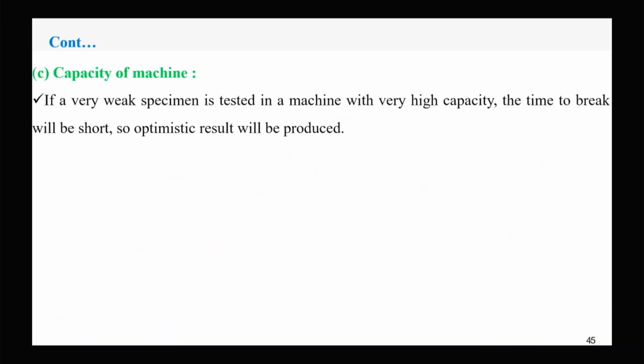Then the capacity of the machine, which we have already discussed. If we try to test a very fine material on a machine with a very high load capacity, like 1 ton, which is meant for thick rope, and test a single fiber, the time to break will be very short and we may get an optimistic result.